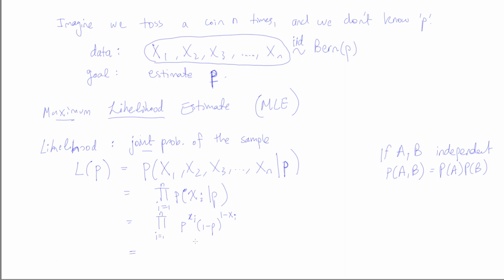And if I take the product, what is the product of these guys? Well, it's just P to the power of the sum of xi, 1 minus P to the power of n minus the sum of xi.